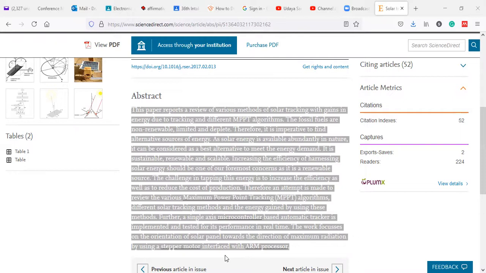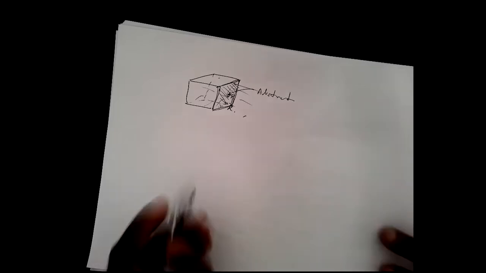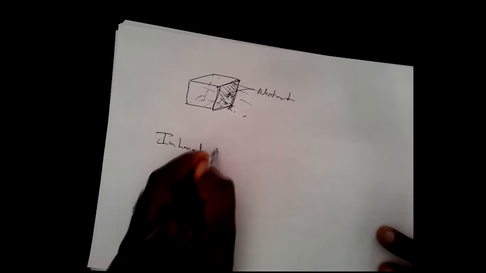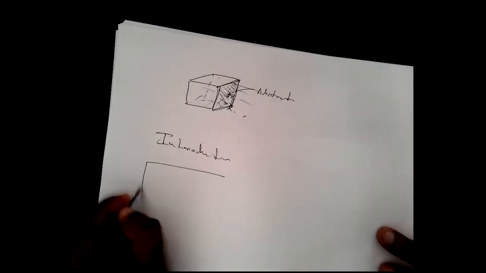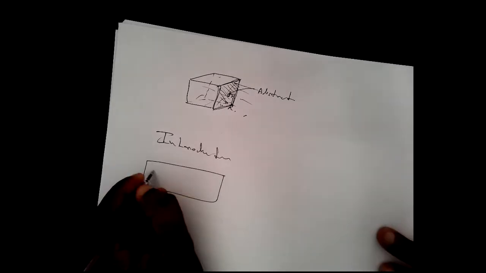Introduction. What is the content of the introduction? What will be discussed in the introduction part? Students, in the introduction, they will discuss in the first lines the motivation.